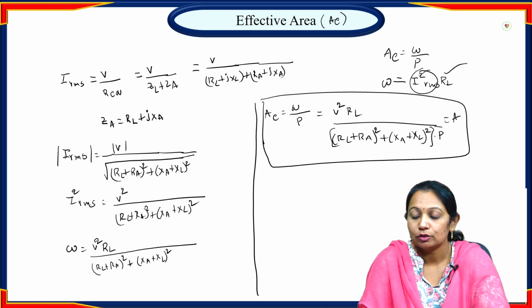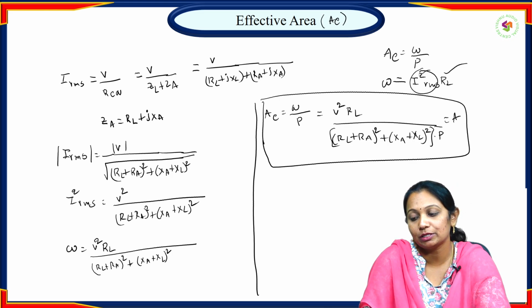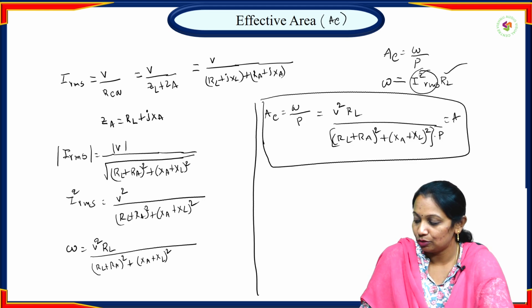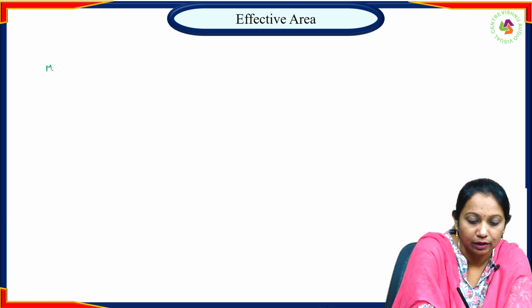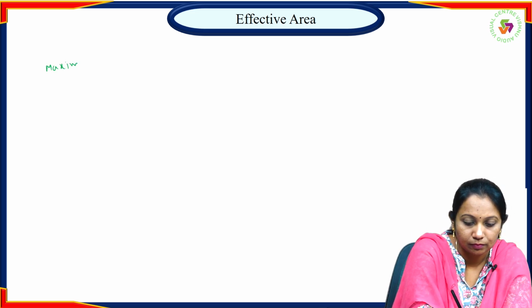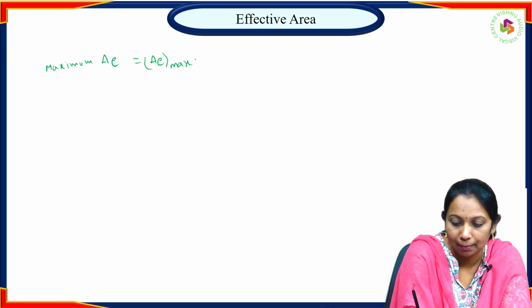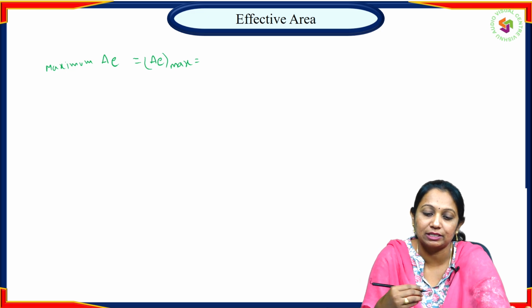So, for example, let us say this is my effective area. From this I want to calculate the maximum effective area. At that time, what is the condition? To calculate the maximum effective area, AE max, that means in the entire effective area I am going to extract the maximum.